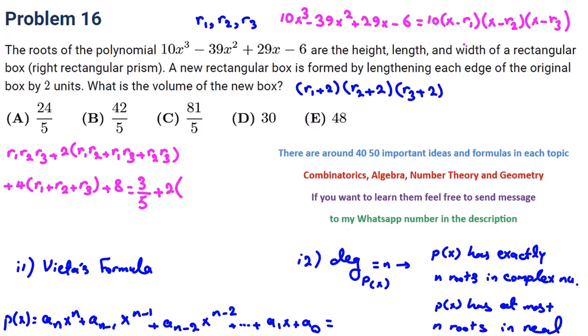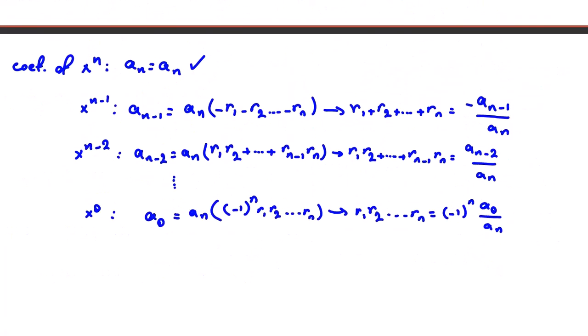Plus 2 times R1 R2 and so on: the sum of the pairwise products is plus the coefficient of x, because negative R1 times negative R2 times x is related to 29, so 29 over 10. And I told you we had this formula completely here.